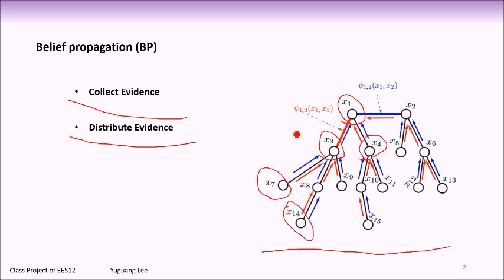Basically, we randomly select a node in the graph, and we collect all the messages from all the nodes for only once. And once all the messages reach this x1, it will distribute evidence back to their children until all the messages reach all these nodes.